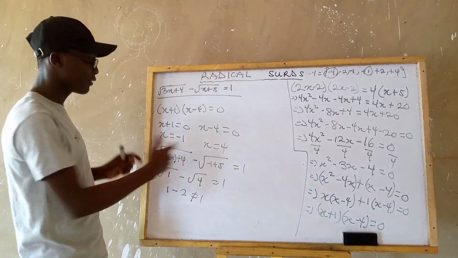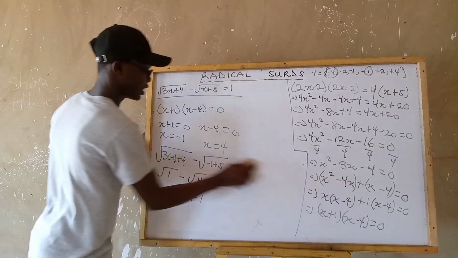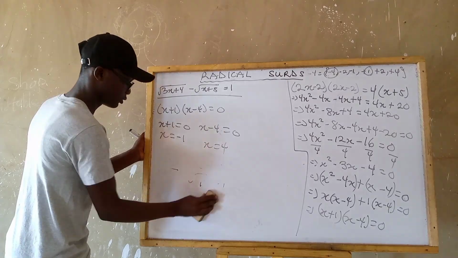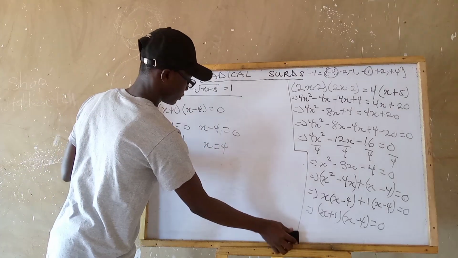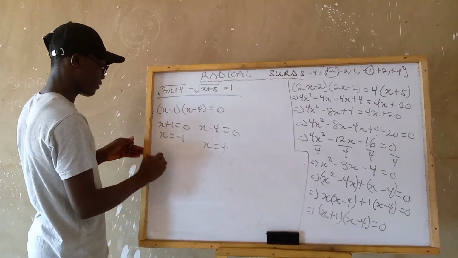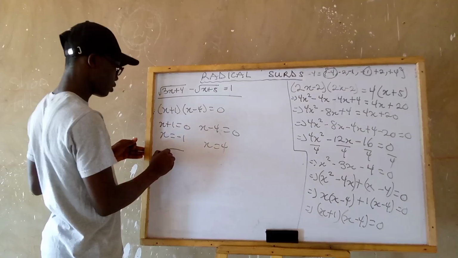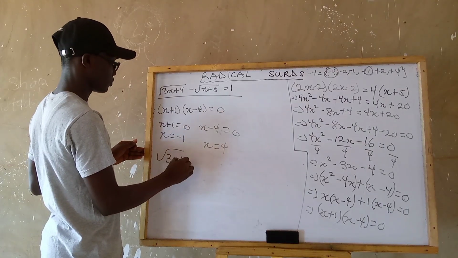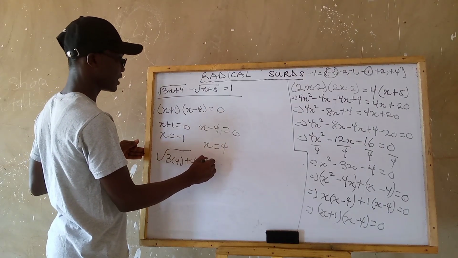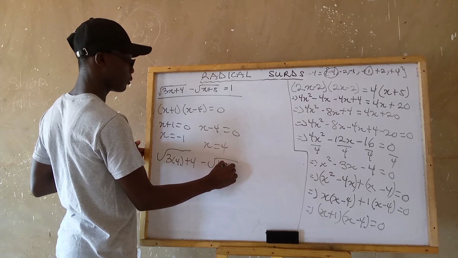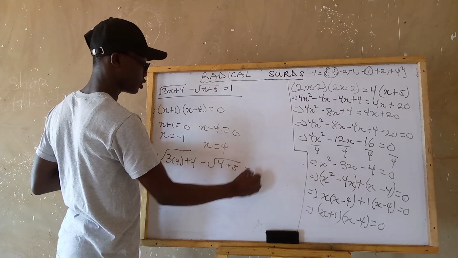Now let's try the 4. Let's substitute x with 4. So now you have root of 3 times 4 plus 4 minus root of 4 plus 5 is equal to 1.